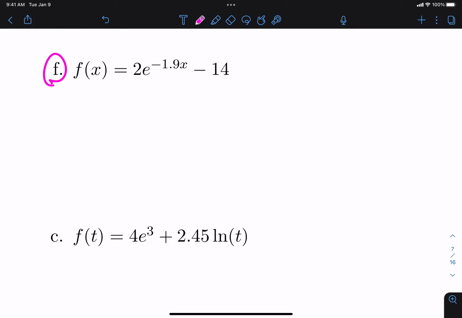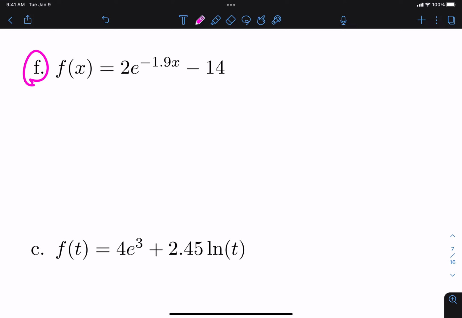Okay, let's do it. So, I see I have 2e to the minus 1.9x, and then I've got a minus 14. So I know that the minus 14 is going to go away, because that's the constant rule. And I know that this function's being multiplied by 2, so the 2 is just going to hang out.